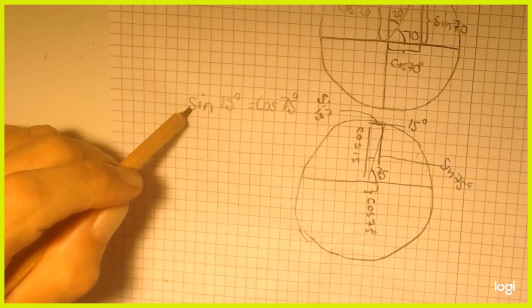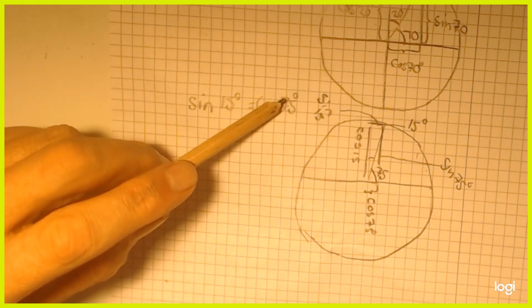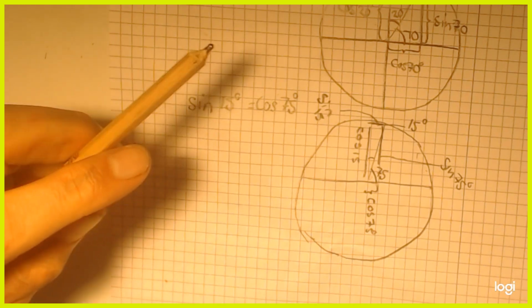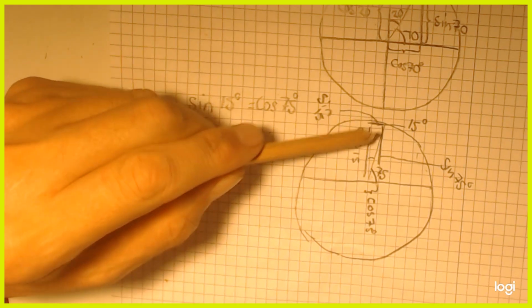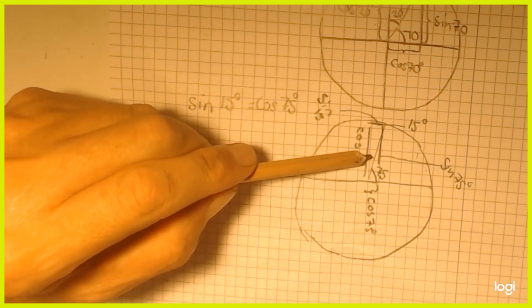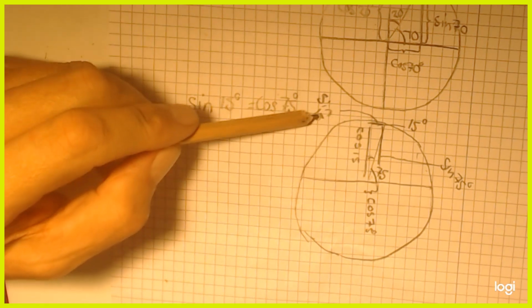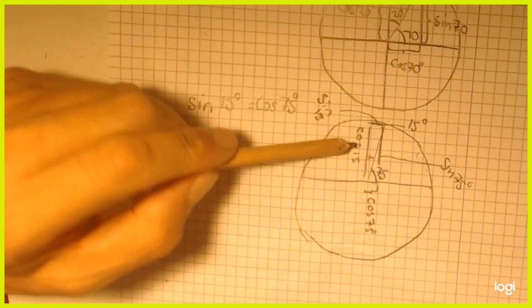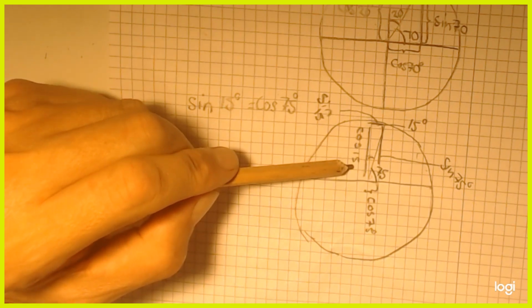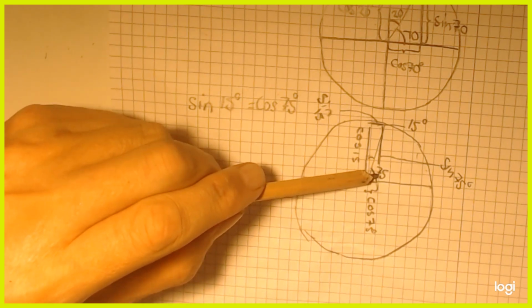Here, show that sinus 15 degrees equals cosinus 75 degrees. So what we have here is 15 degrees here. So this side here is sinus 15. This side here is cosinus 15. Here you have the angle 75 degrees.